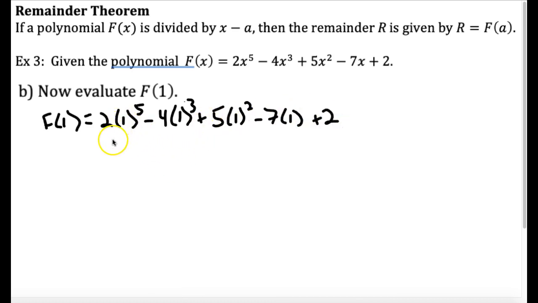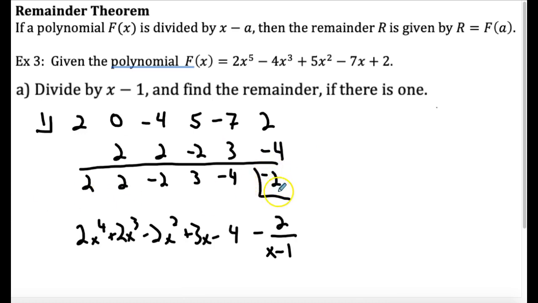So this ends up just being 2 minus 4 plus 5 minus 7 plus 2. I think that'd be negative 2, then plus 5 is 3, minus 7 is negative 4, plus 2 would be negative 2. Wait a minute, that's the same number that we got as the remainder when we did synthetic division. That's what our remainder theorem is saying.